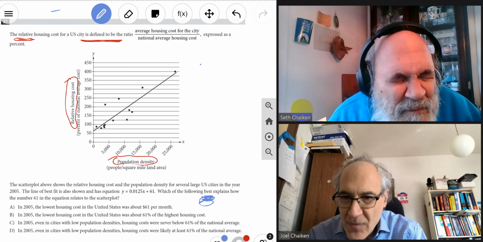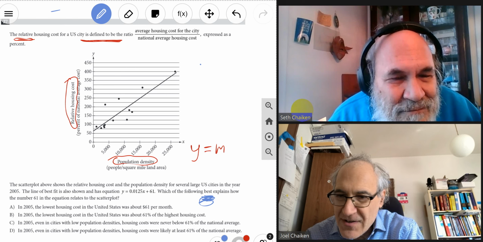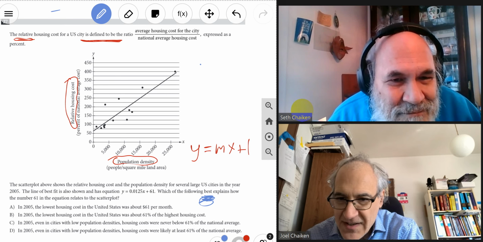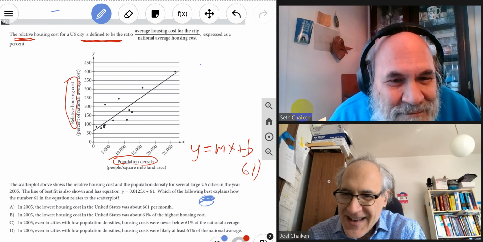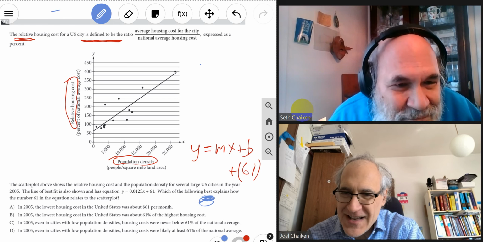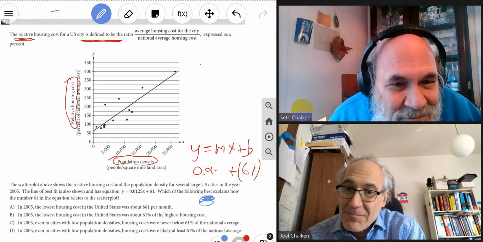Okay. In 2005, the lowest housing cost in the United States was about $61 a month. I don't think so. In 2005, the lowest housing cost in the United States was about 61% of the highest housing cost. That doesn't seem right, but maybe.